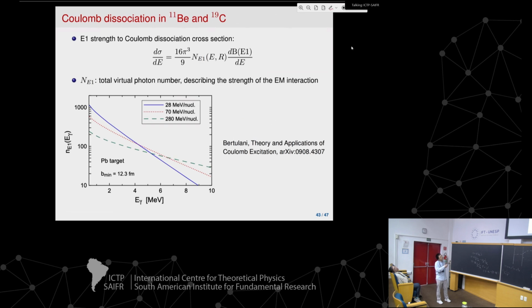These factors can be calculated analytically. Basically, you just need to know the photon energies and the impact parameters, and then you can use some analytic form to get these numbers. This was shown in the paper by Bertulani, who plotted these virtual photon numbers as a function of E gamma in some analytic form.